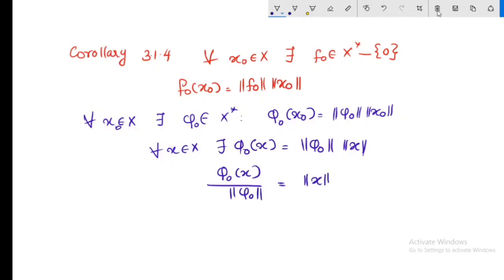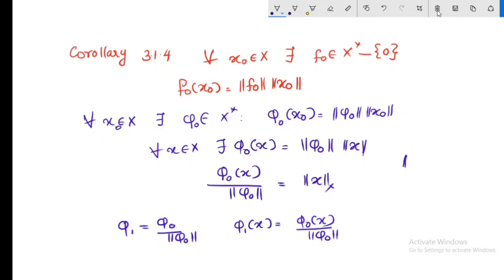Norm of x. Now you choose ψ1 as ψ0 by norm of ψ0. ψ1(x) is equal to ψ0(x) by norm of ψ0.